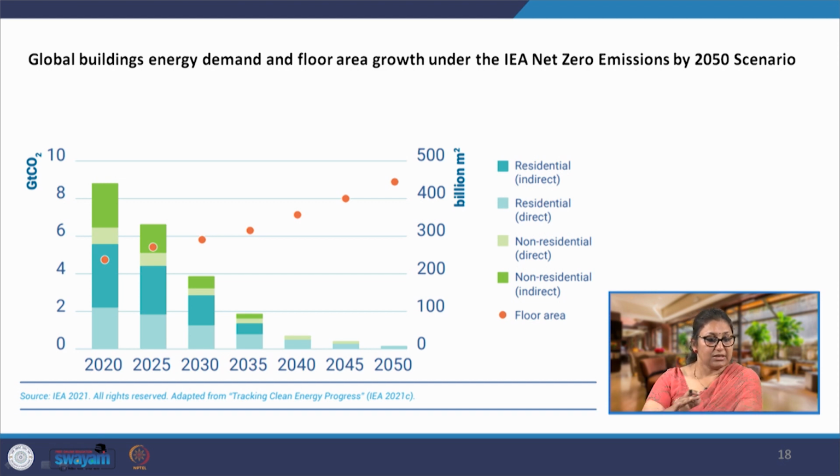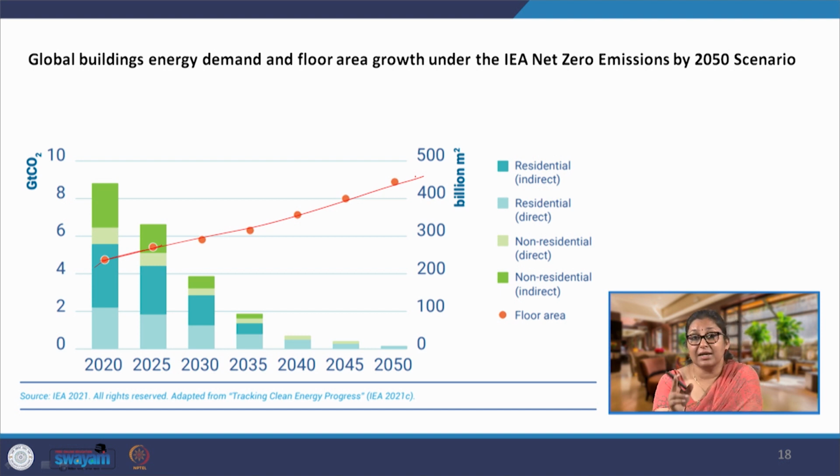Now, if we look at the global buildings energy demand and the floor area growth, this is a projected growth for 2050. What we are actually aiming at is that while the floor area continues to increase gradually, which is how it is doing, we are closing in on 2025 and this was a projection of course. We are seeing not a very steep slope, but a gradually increasing slope of floor area.